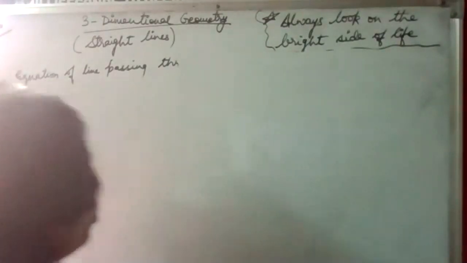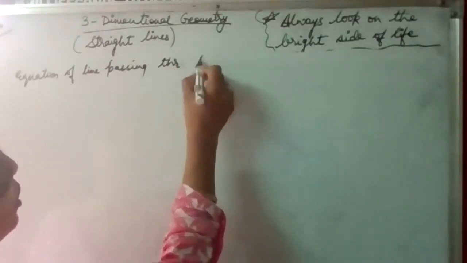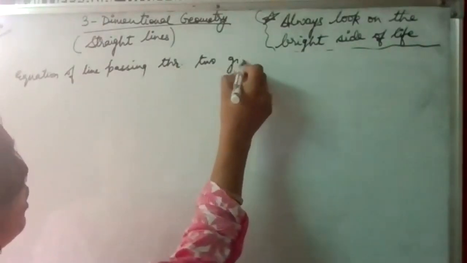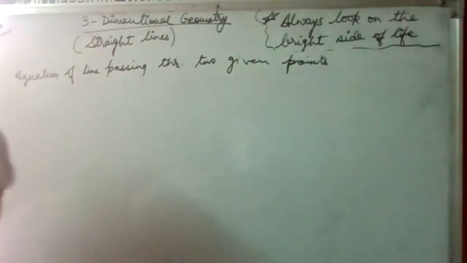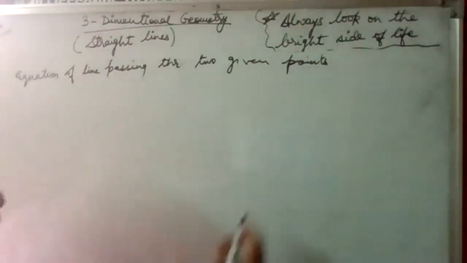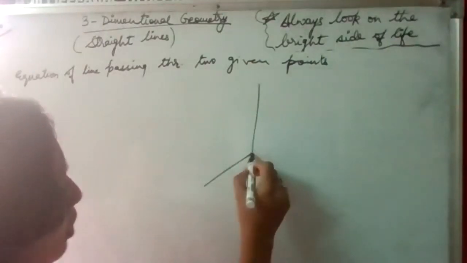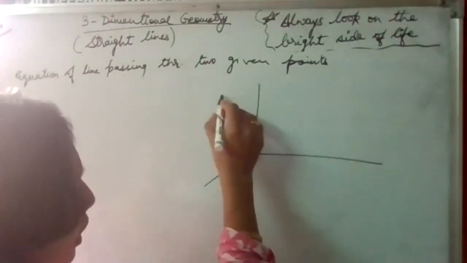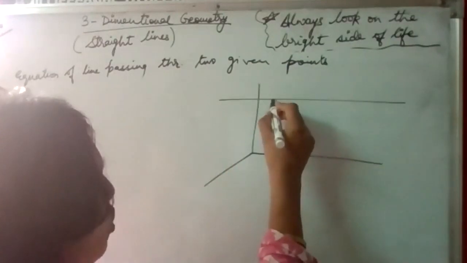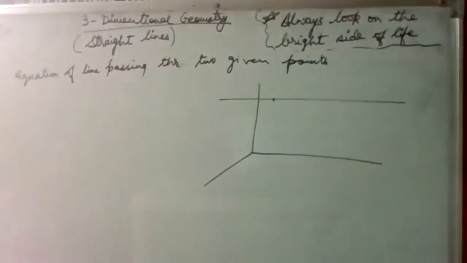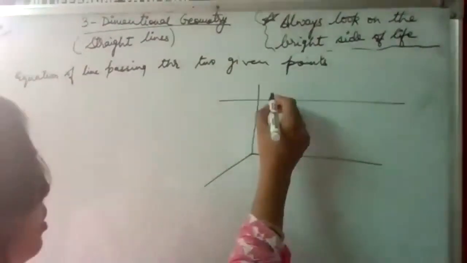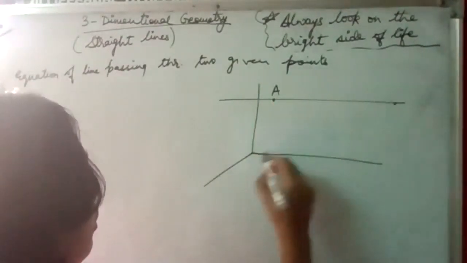We are given 2 points on the line. Again, let's take the figure. Any line is there in which we are given 2 points. Let's take A and B as some points on the line.